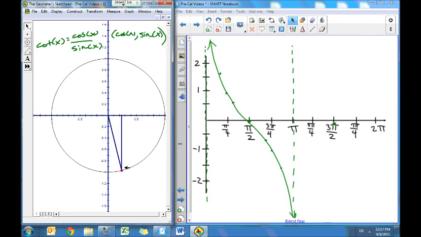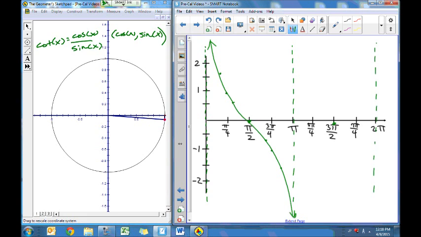And at pi over 2, we'll be again at an asymptote. So it'll repeat the same values, something like that. Okay, so notice that cotangent of x is kind of going down as you go across.